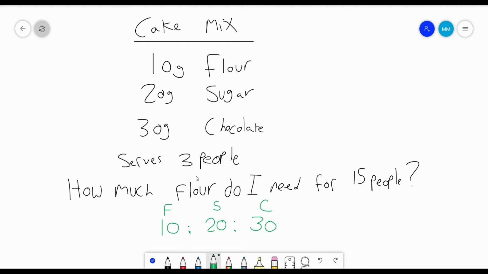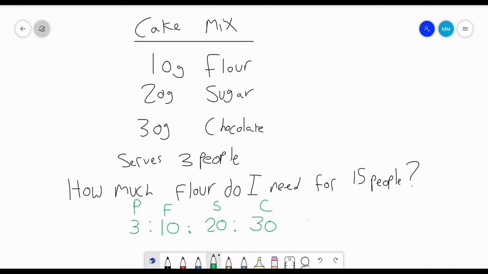And I also know that it serves 3 people, so I'm going to put a P for people here. You're going to see why I do this, but I'm going to put the people over here. It'll come clear later why. So I get 3 people, 10 grams of flour, 20 grams of sugar, 30 grams of chocolate.